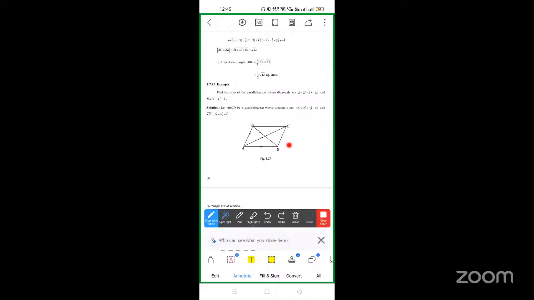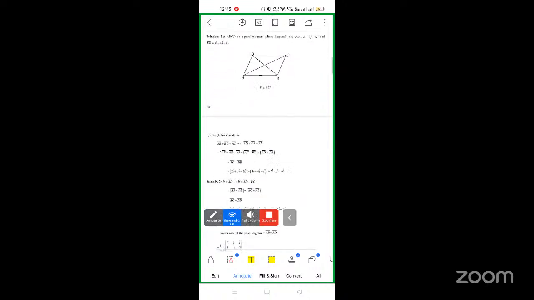Next, find the area of the parallelogram whose diagonals are A bar equal to 2i plus 3j minus 6k and B bar equal to 3i minus 4j minus k. Solution. Let ABCD be the parallelogram whose diagonals are AC and BD. So these are the diagonals.